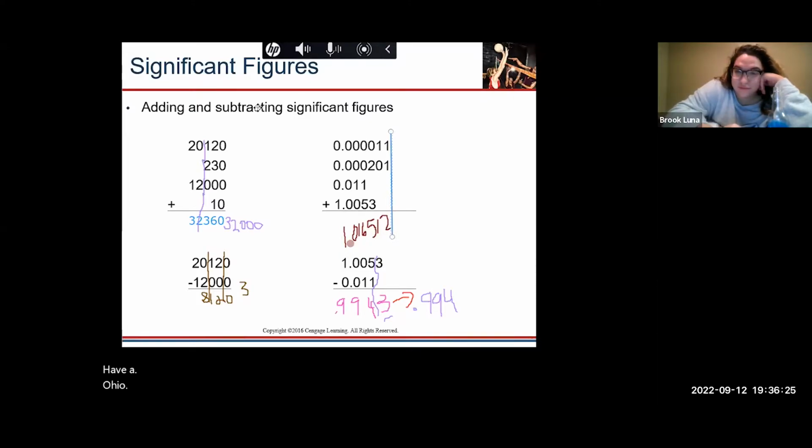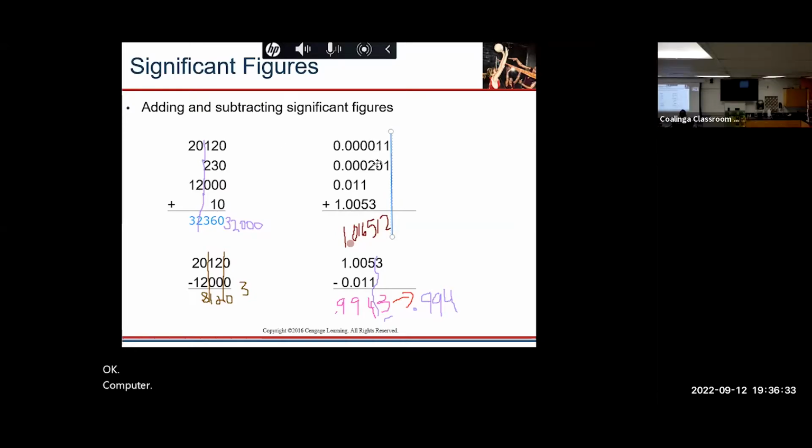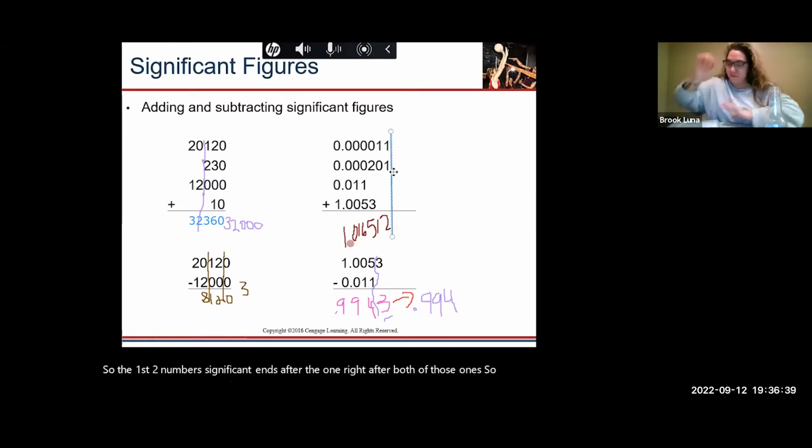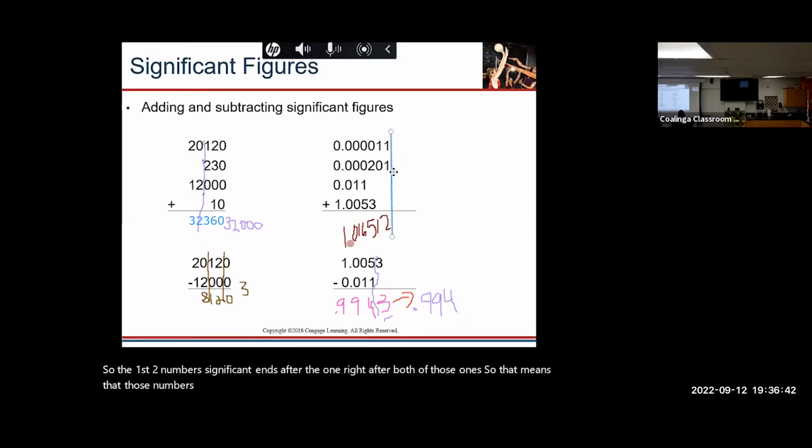Okay, so 2, 1, 5, 6, 1. So those first 2 numbers, significant ends after the 1, right? After both. So that means that anything that's beyond that would be considered insignificant, right? Okay.